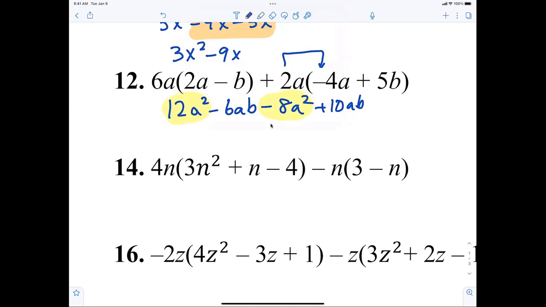What's that? 4a what? To the fourth? No. 4a what? That's right. You don't change when you're adding and subtracting. Only change when you're multiplying. All right, what's left? 16 what?